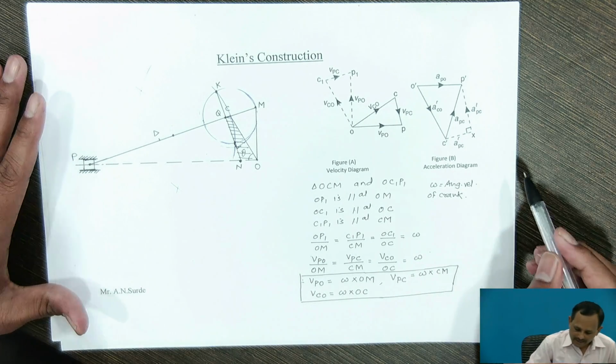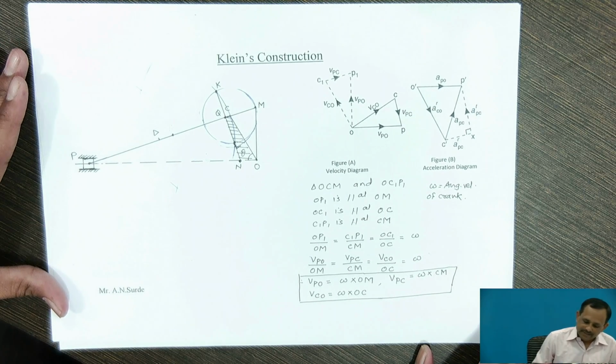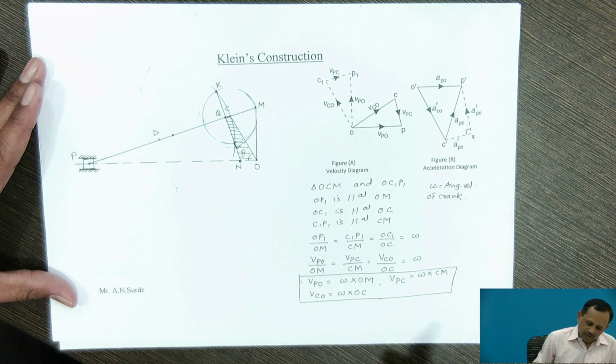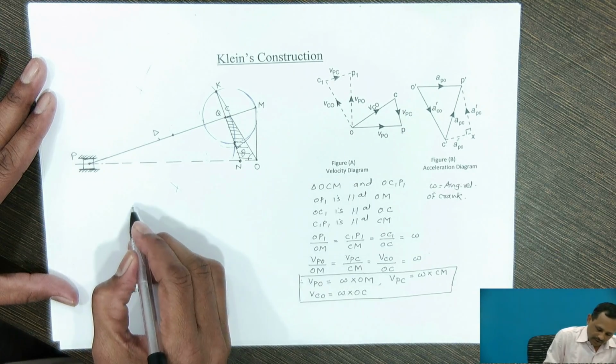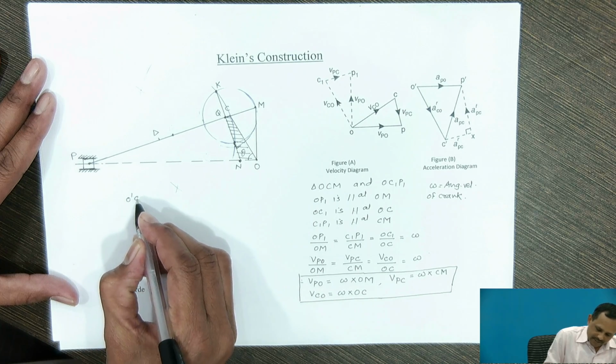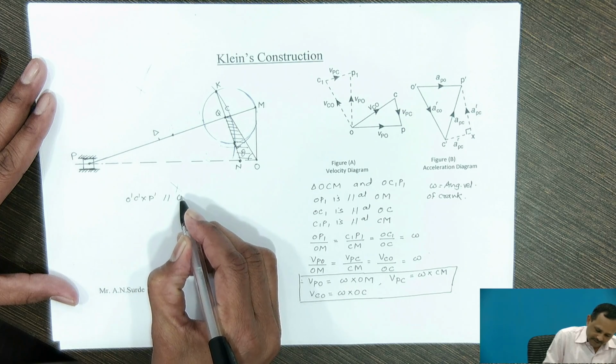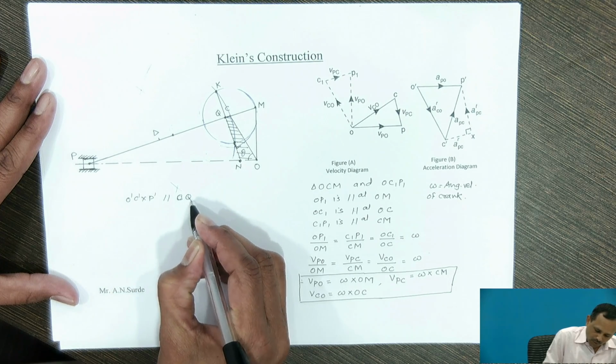Now, in figure 2, the acceleration diagram is shown by the relative velocity method. From the acceleration diagram, O dash C dash X P dash is parallel to quadrilateral CQNO.